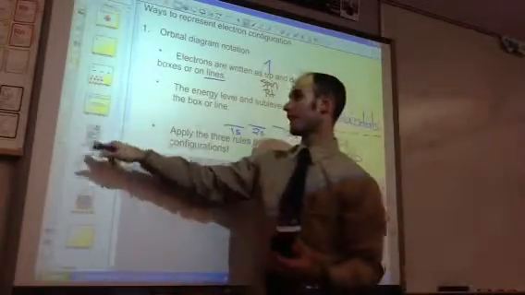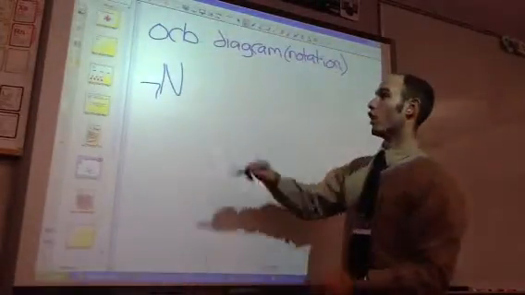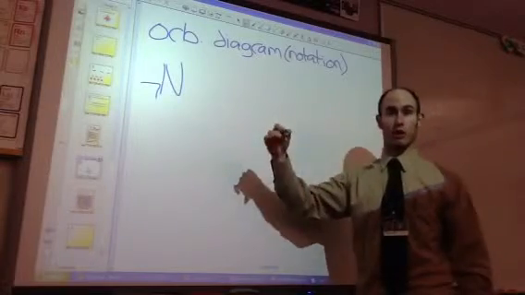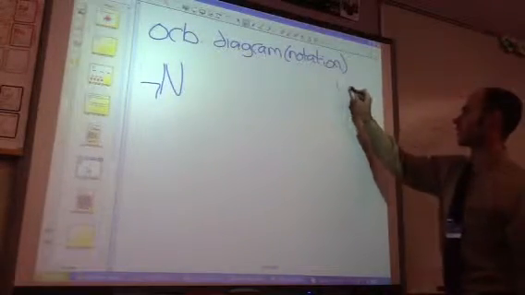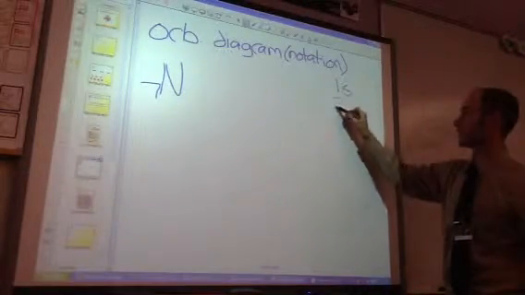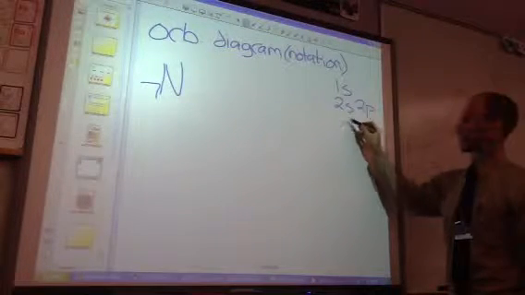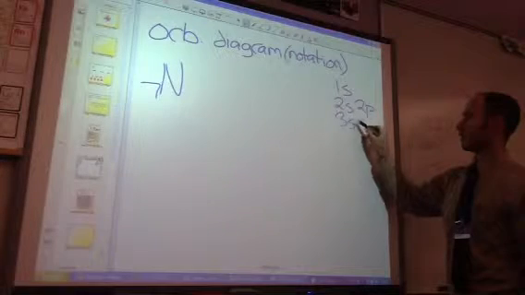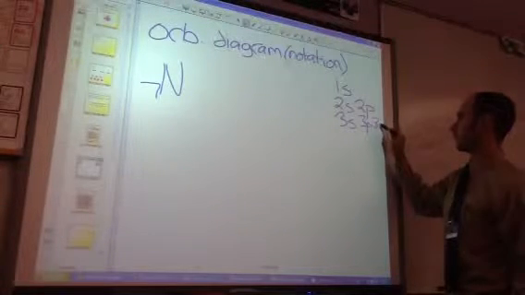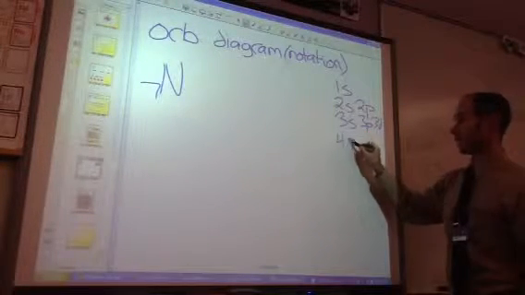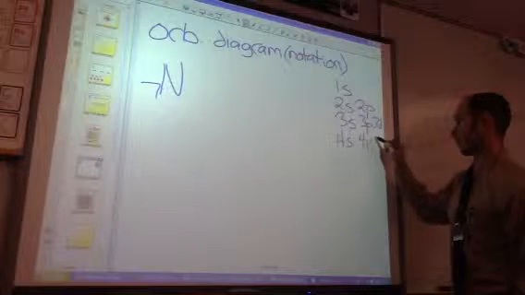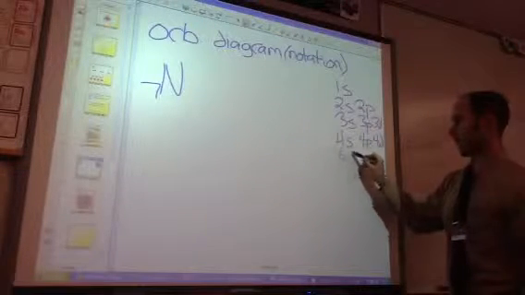Now, if you don't remember, what do I start with? Remember this diagram we drew yesterday? 1s, 2s, 2p, 3s. You should be able to create this on your own.